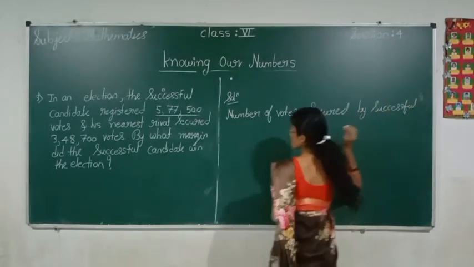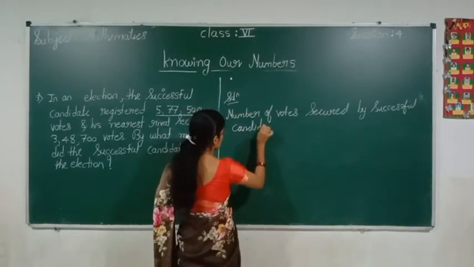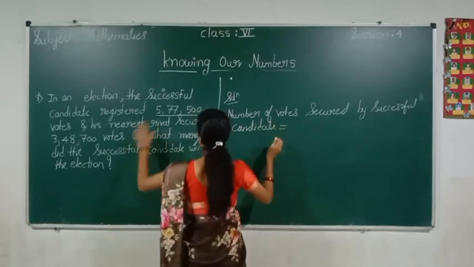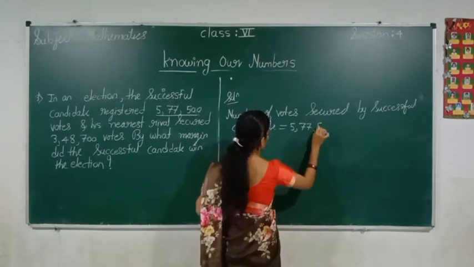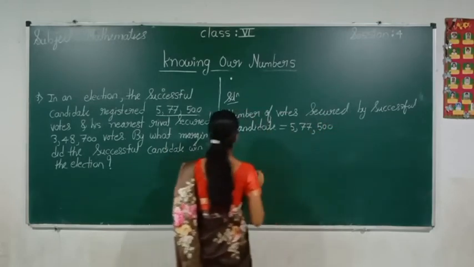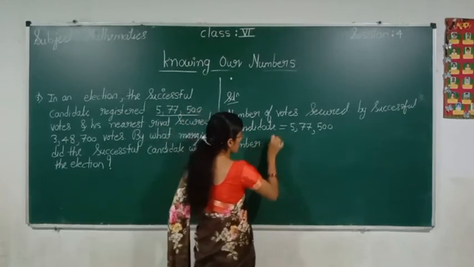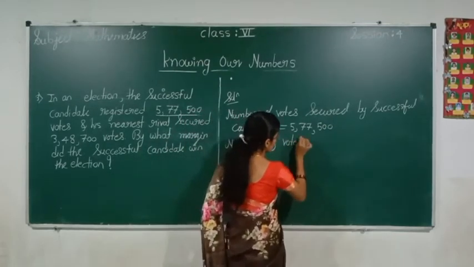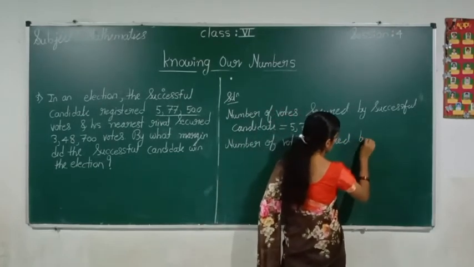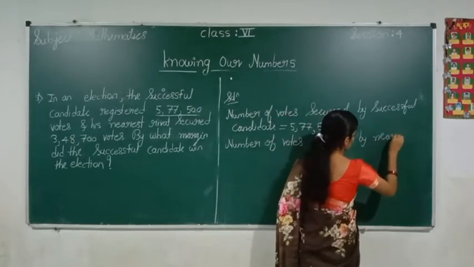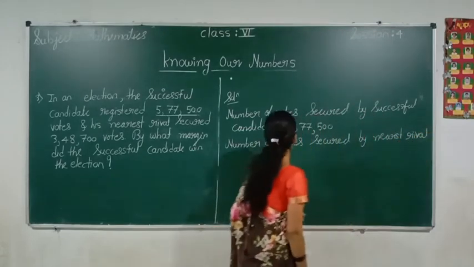The successful candidate is equal to how many votes? 5,77,500, and the number of votes secured by the nearest rival, how much is that?